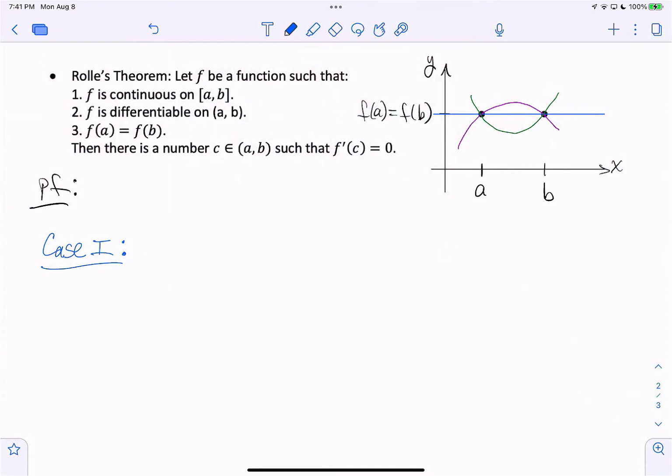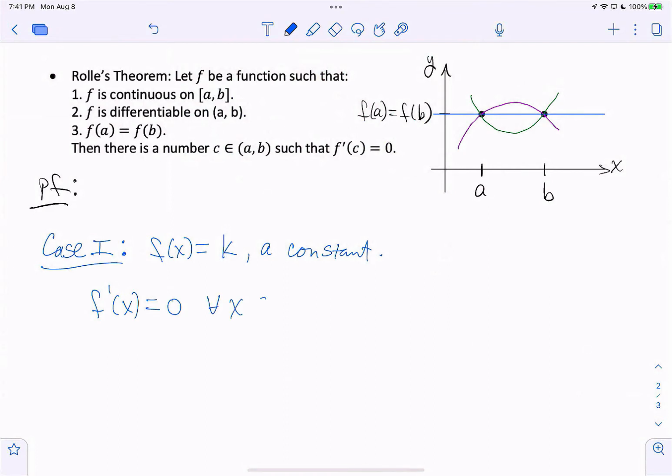So case 1, f of x is equal to k, a constant. Well, then f prime of x is equal to 0 for all x in the real numbers, and we are done with this case, because the derivative of a constant is 0.